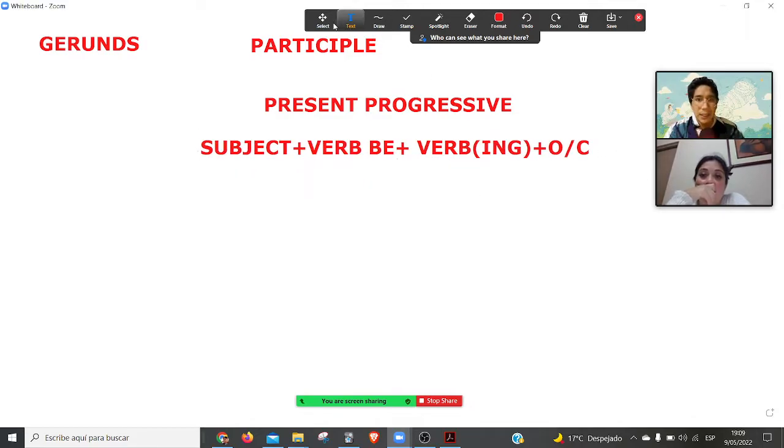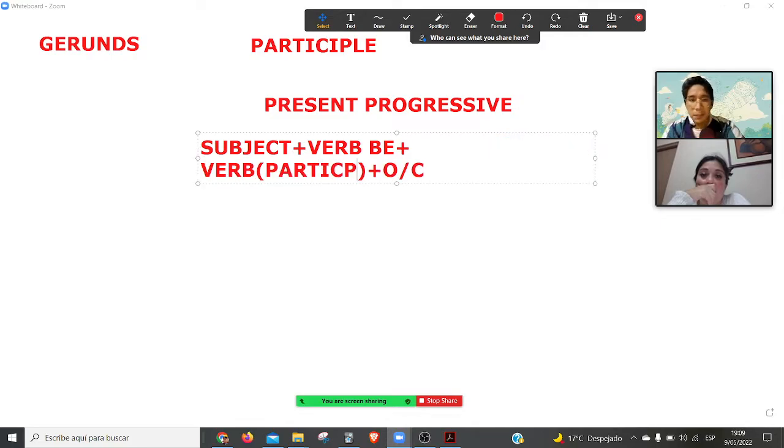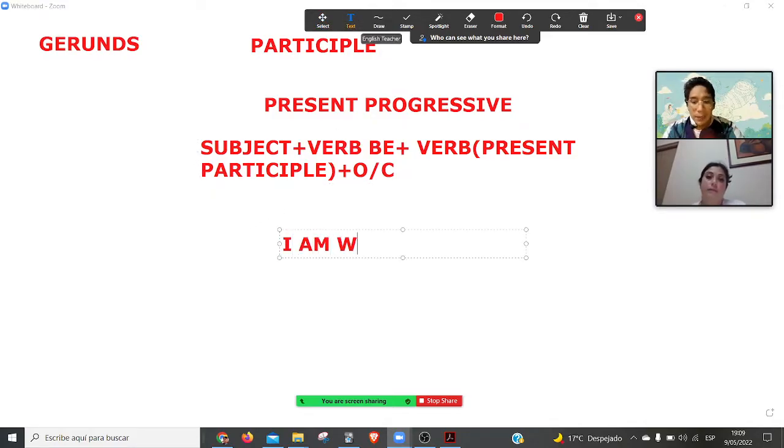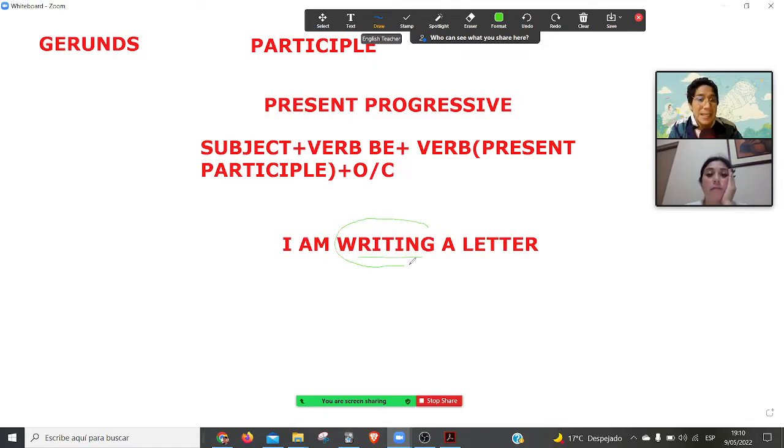Well, but this is incorrect because we say here the verb in the present participle. It's not called ing. We say present participle. Okay, so when you have I am writing a letter, is this the gerund or a participle? It's a participle.